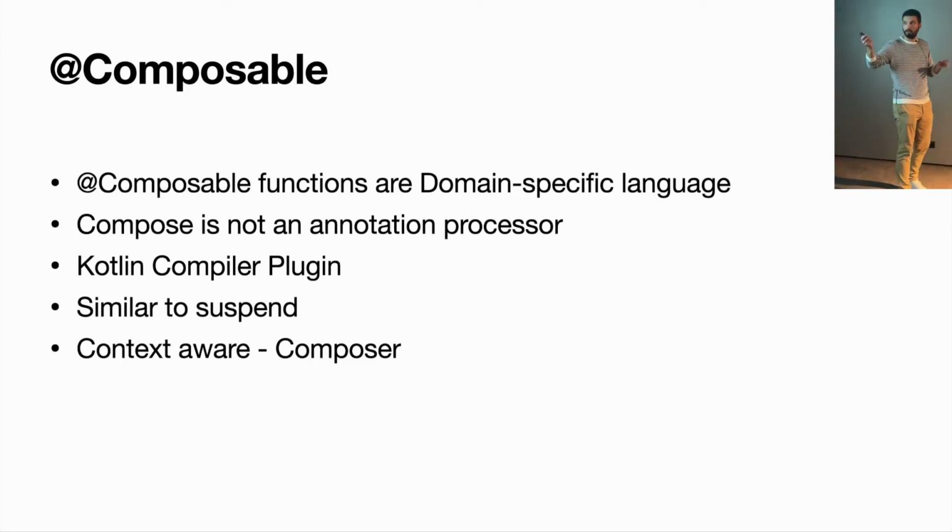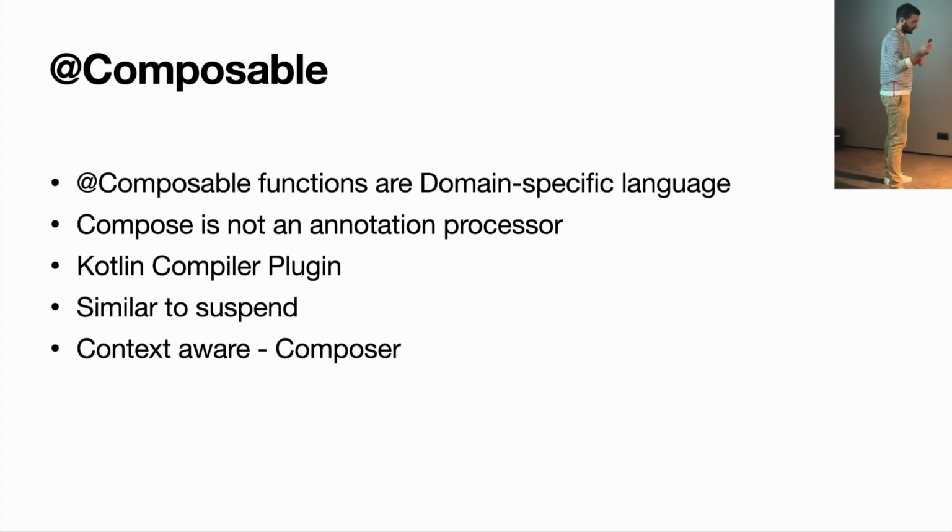If you wonder if you need a special annotation processor, you don't, because Compose actually extends the Kotlin compiler plugin that is basically run during the compile time of your app, and everything is done in that period of time. So during the compile time, the Kotlin compiler plugin takes the composable functions and compiles them into things it understands.